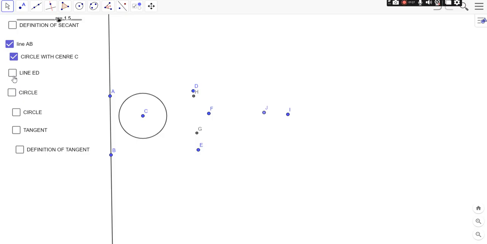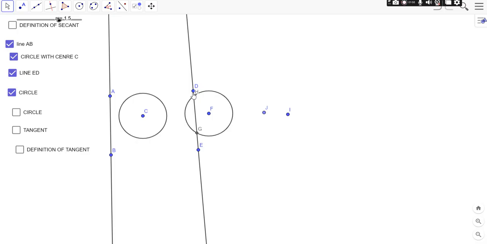So what is the second situation? Let's draw a line and circle. We can see the line is intersecting the circle at 2 points H and G. Right? In this case, we call the line DE a secant of the circle.